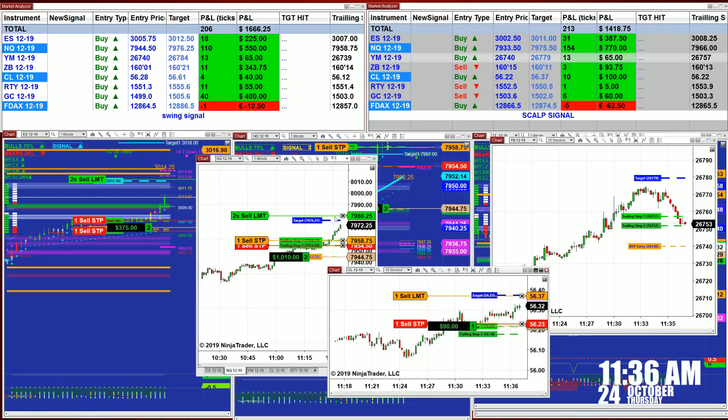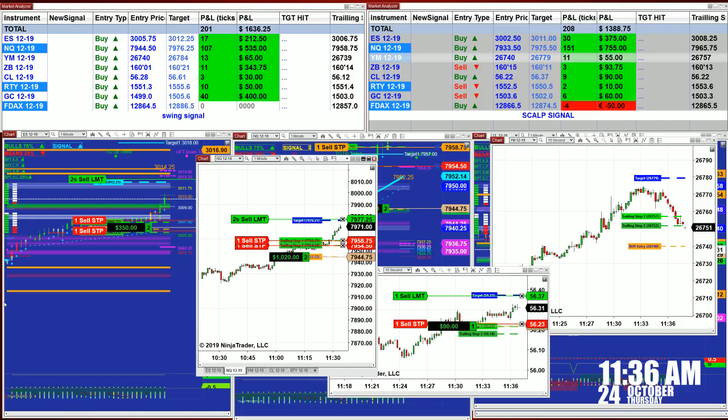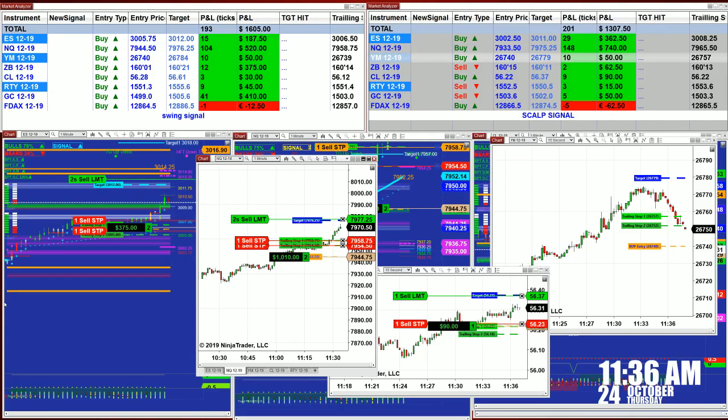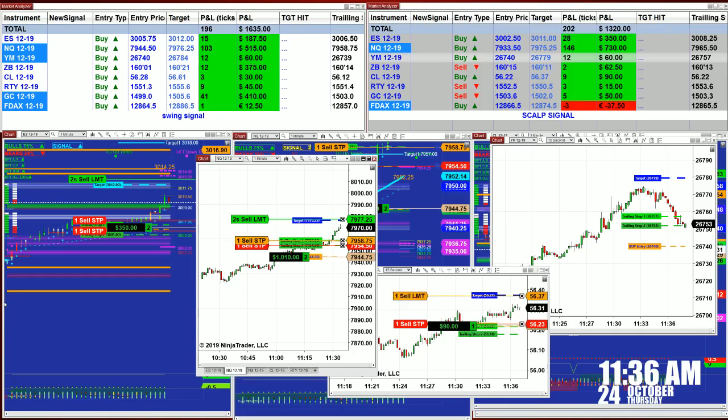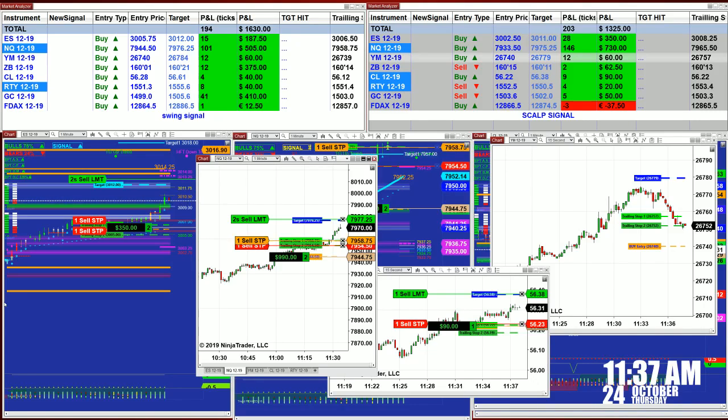Well, we can put it on the target 77. So that's what we are trying to fix, this flickering and the trailing stop. That's what we are trying to fix before we release it to our traders. I don't like that. So it will be fixed, this one here, and it will be sent out to you.